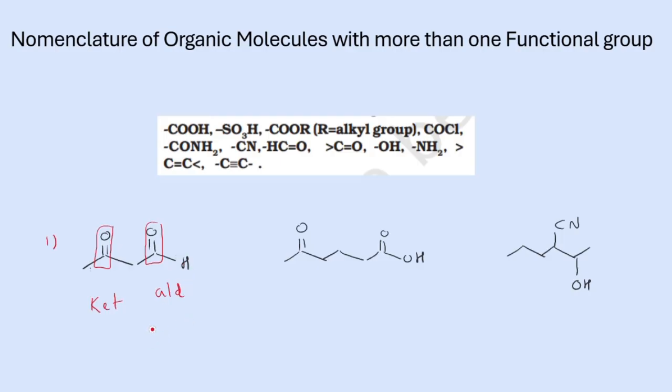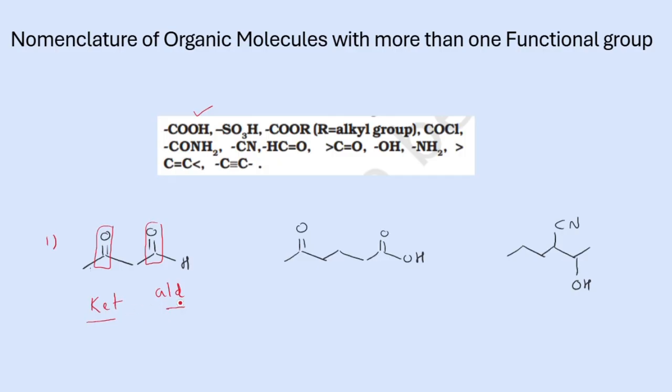Then what you have to do is look at the order of different functional groups here. You see acid at the first and then sulfonic acid, ester, acid chloride, amide, nitrile, aldehyde, ketone, alcohol, amine, then a double bond and then at the end triple bond. This is the order of priority for the different functional groups that I was telling you earlier.